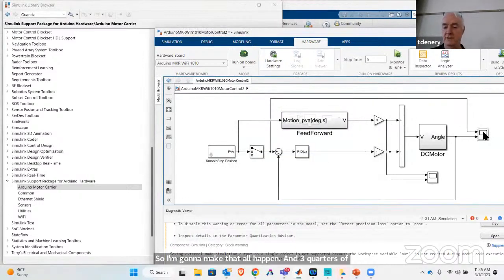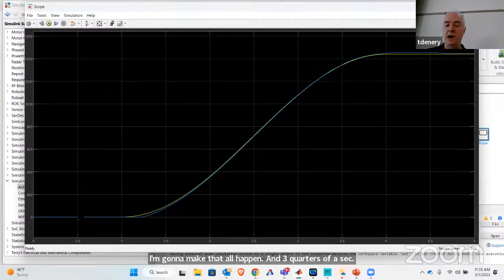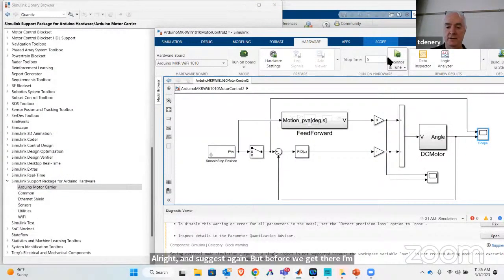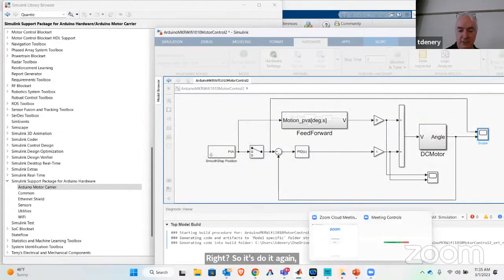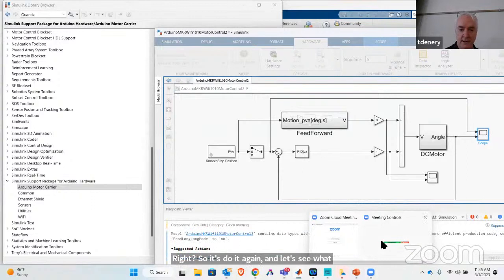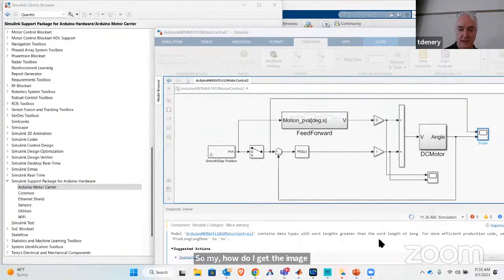Before we get there, I'm reminding you how well we did before. All right, let's do it again. How do I get the image of the motor back up? I stop sharing.